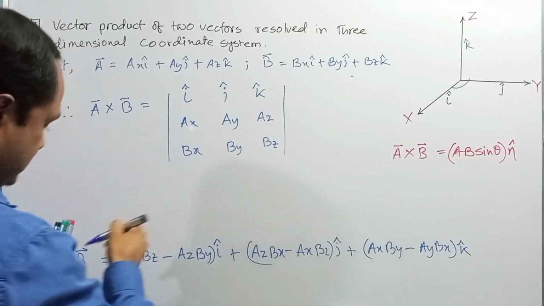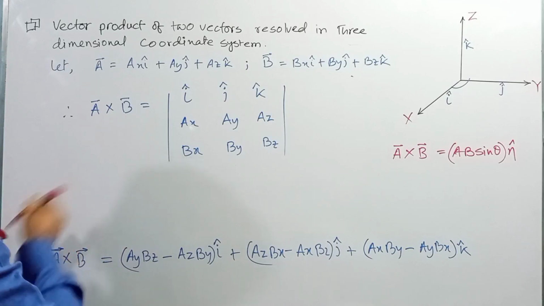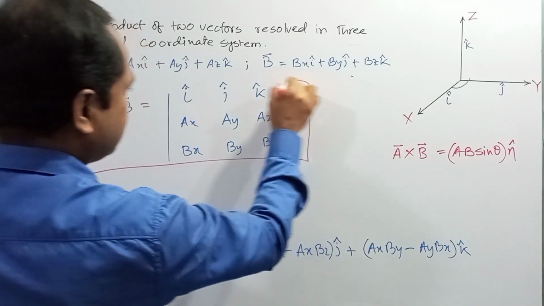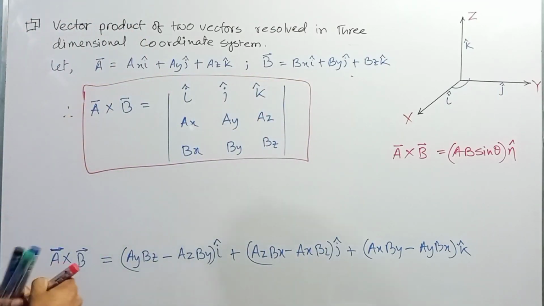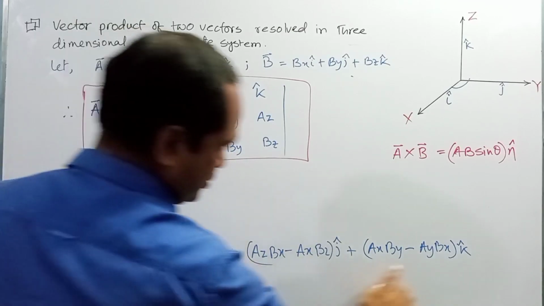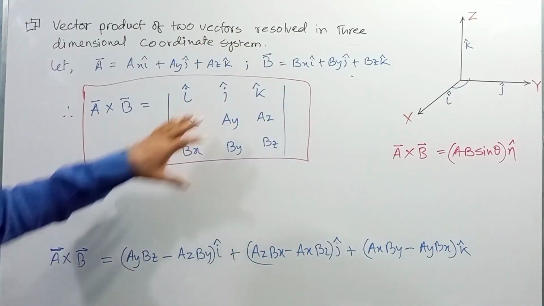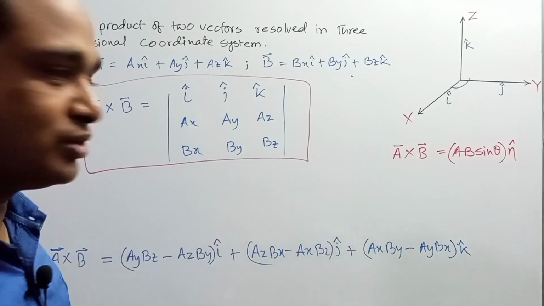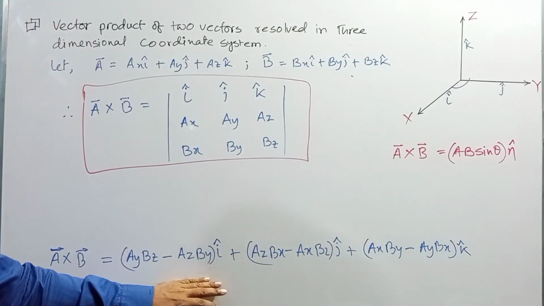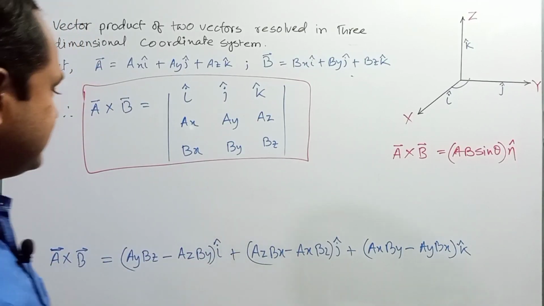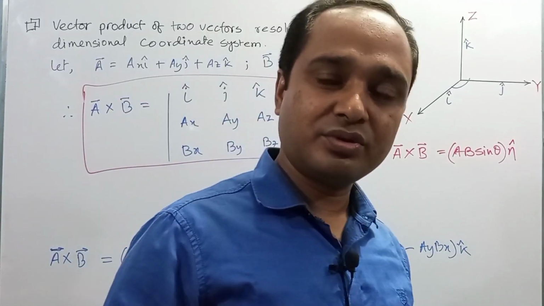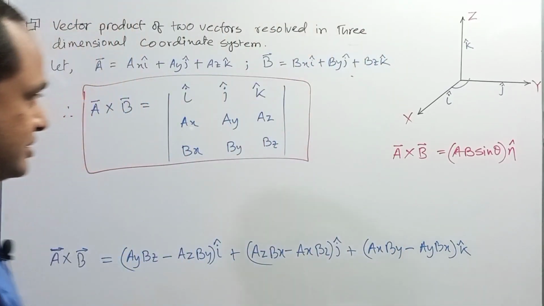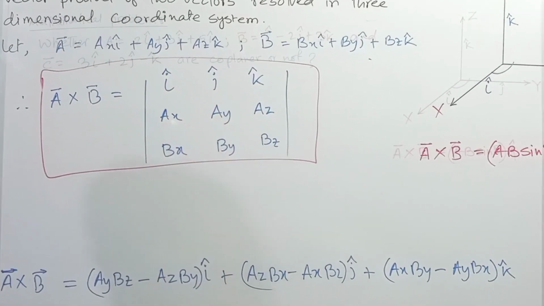After the calculation, this determinant will give the same expression. I think this expression is much easier than the previous one, right? So in case of cross product of two vectors resolved in three components, we will use this expression.